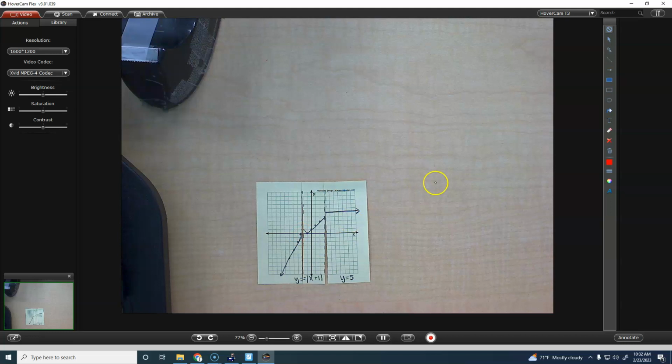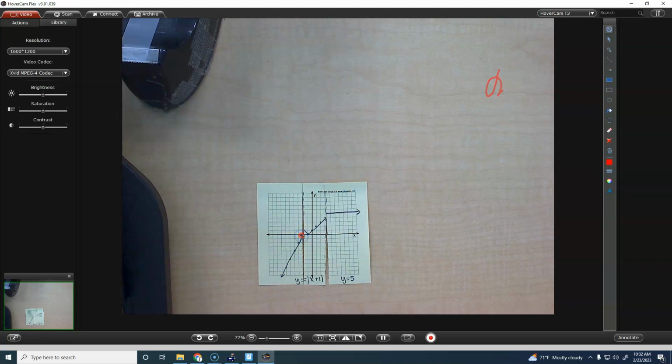Okay. Maybe that's not what I want. What do I want? Why is it not working? I could use the circle, and color it in. Why is it not just letting me draw? Oh, there we go. It doesn't like to draw. Okay. Come on. Maybe I'm better off just drawing here. So right here at the end of this graph, you would have a closed circle. That should be closed in.